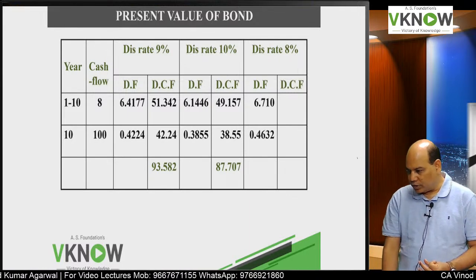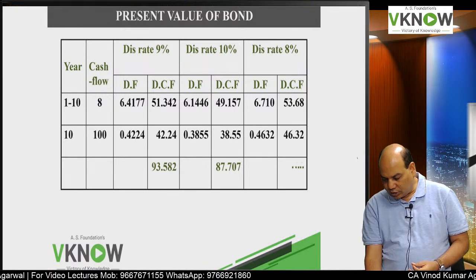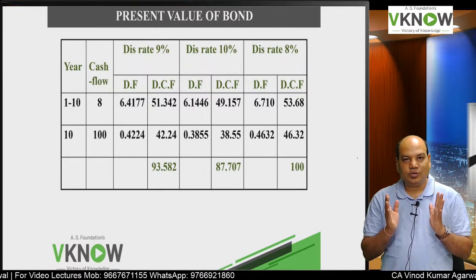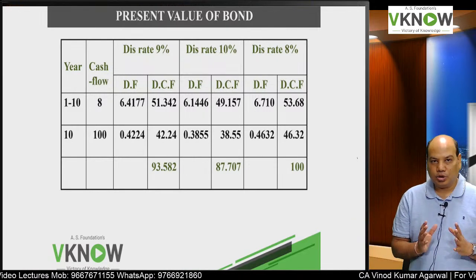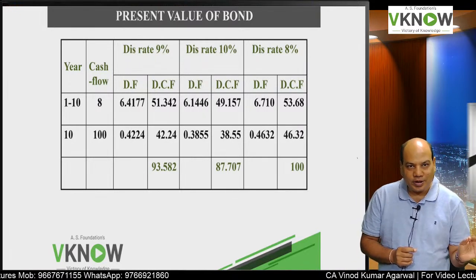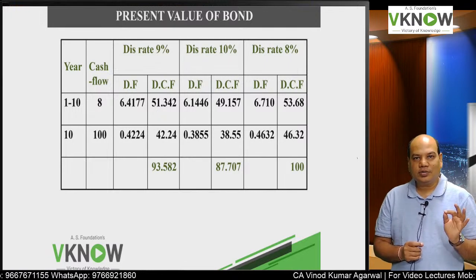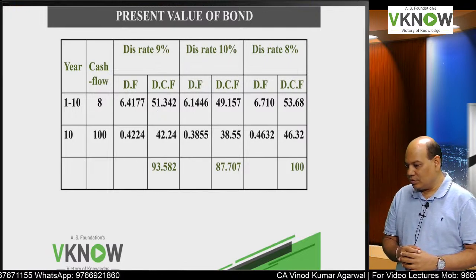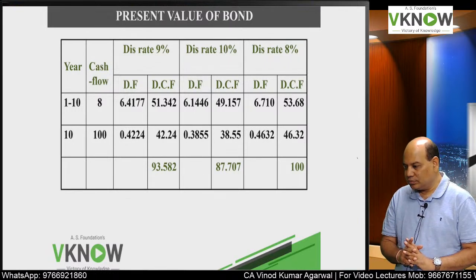First you write the factor, then take the total. It should come to 100 rupees. Why 100 rupees? Because the discount rate and the coupon rate both are 8%. So you will get the same answer, 100 rupees. Okay. So all of you got this answer, 100 rupees, right?